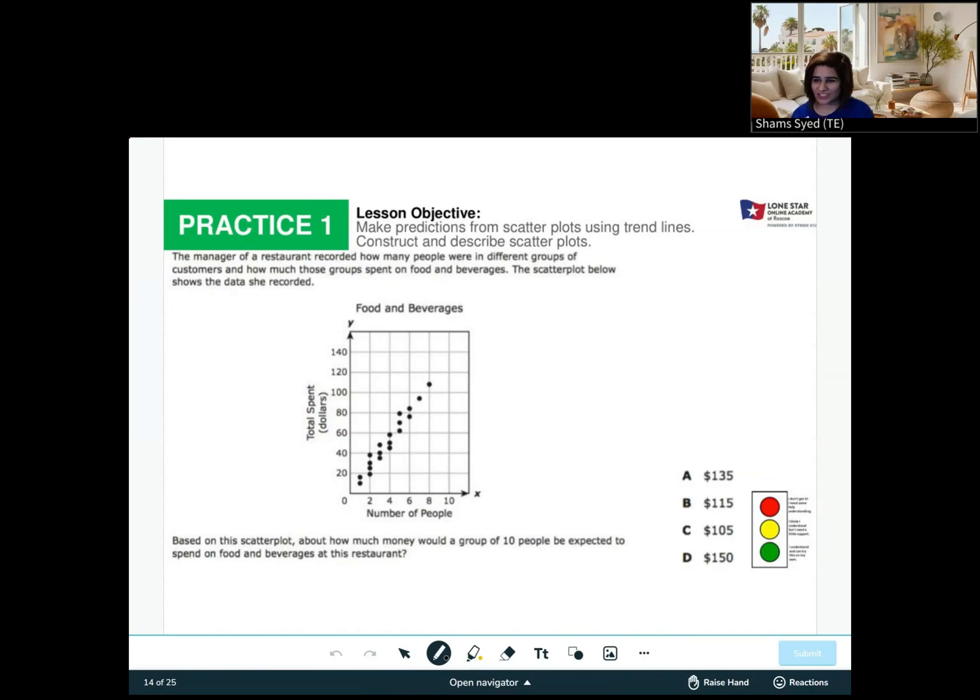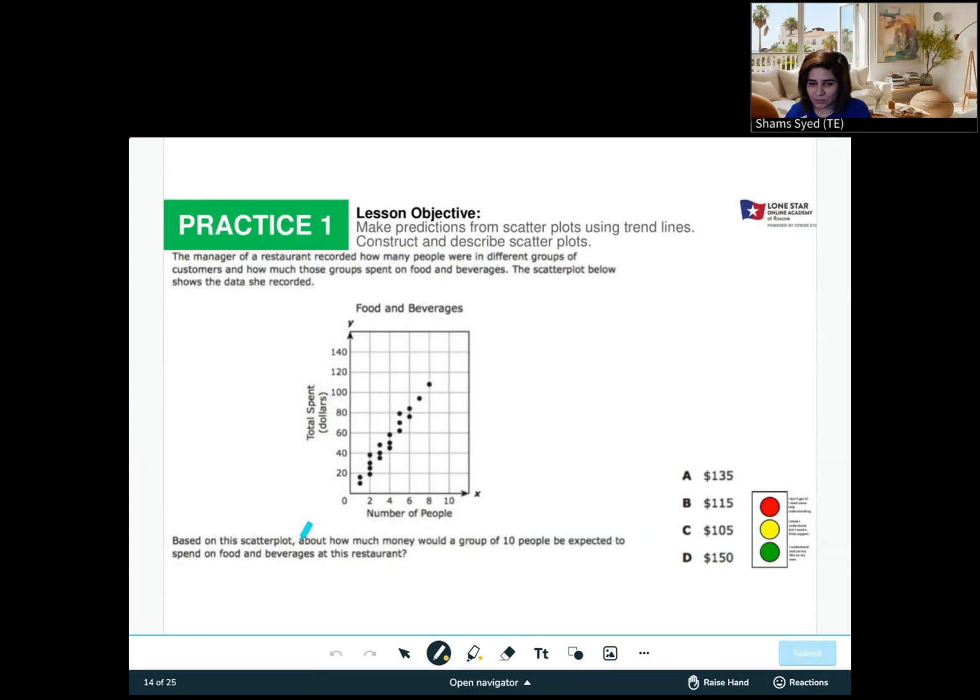Here is how the practice questions look. This is the first question, and it says, the manager of a restaurant recorded how many people were in different groups of customers and how much those groups spent on food and beverages. The scatter plot below shows the data she recorded.